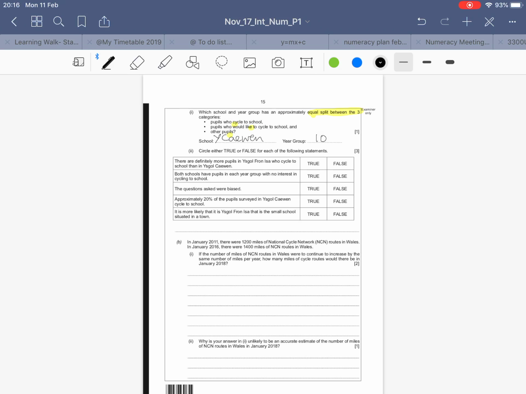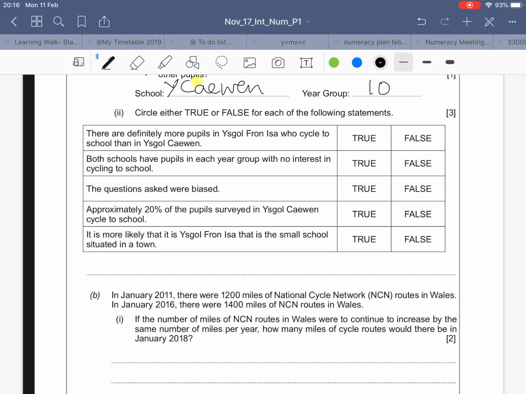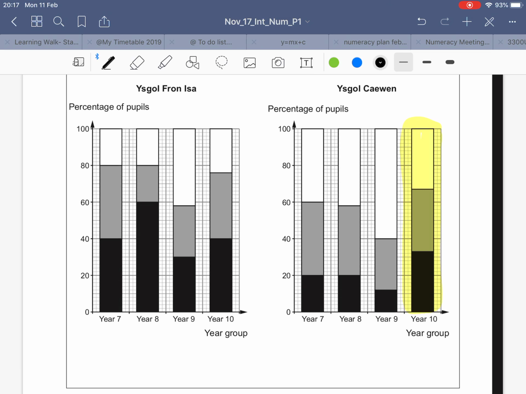Part 2 is a series of true or false questions. So there are definitely more pupils in Ysgol Fron Isa who cycle to school than Ysgol Cynwen. Well, these are percentage bars, so they might tell me how the cycling and not cycling is broken down into different amounts of pupils, as in 20% or 10%, but there's no mention of a total.